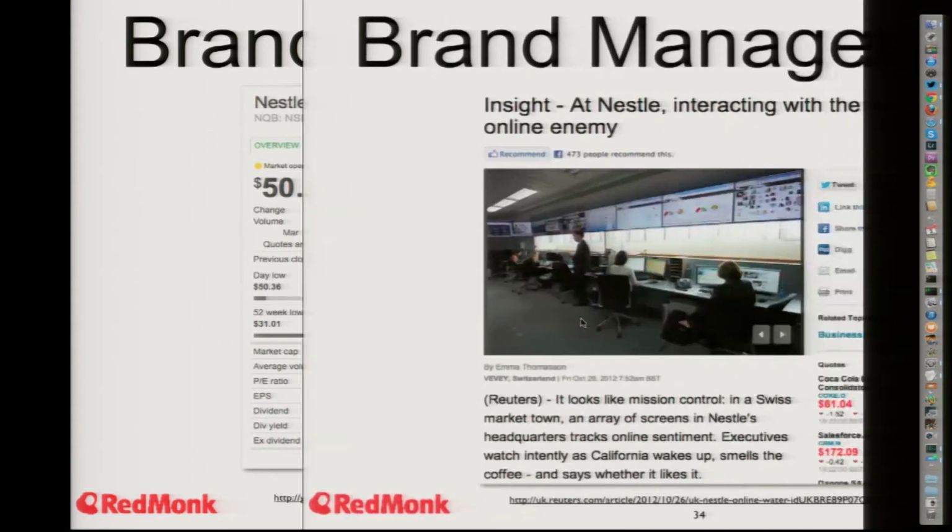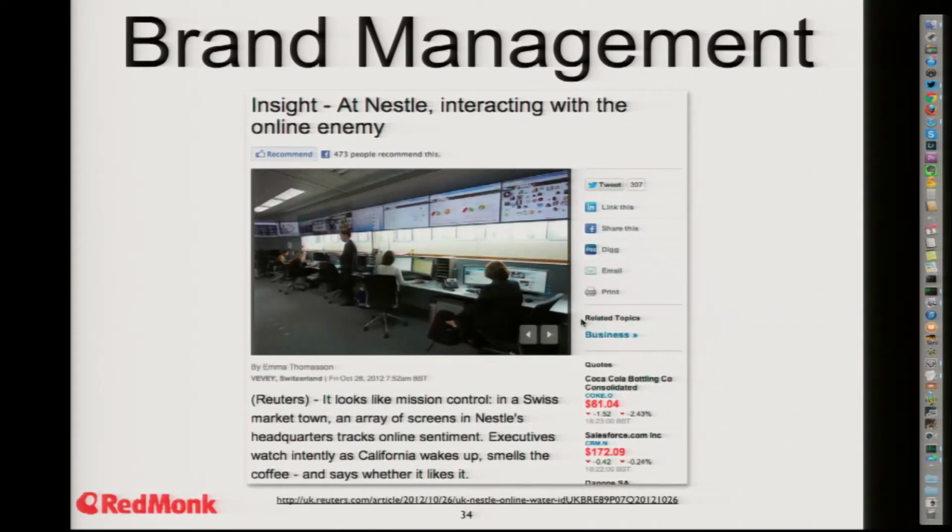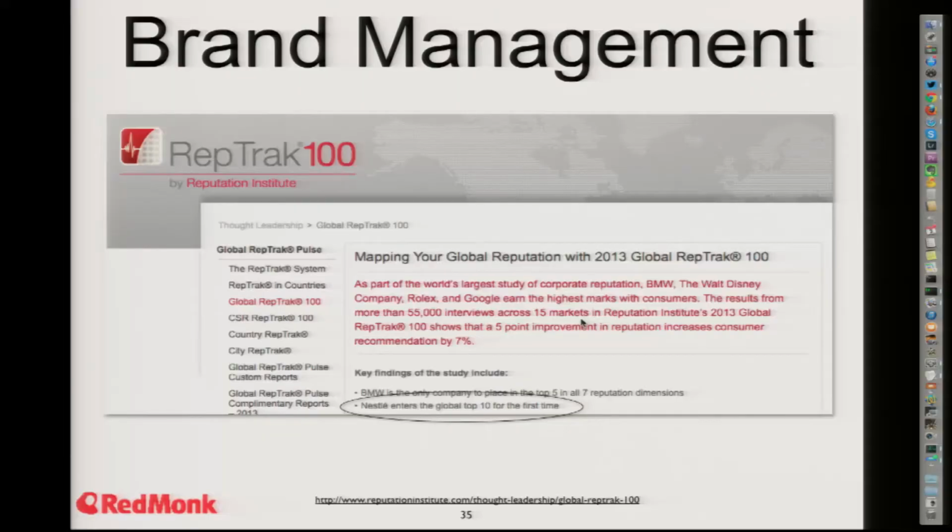Nestle put in place a digital acceleration team who monitor very closely now mentions of Nestle online, and as a result of that, this year, for the first time ever, Nestle are in the top 10 companies in the world in the Reputation Institute's RepTrak metric. So they're now considered globally as one of the more reputable companies, at least partly as a result of this.